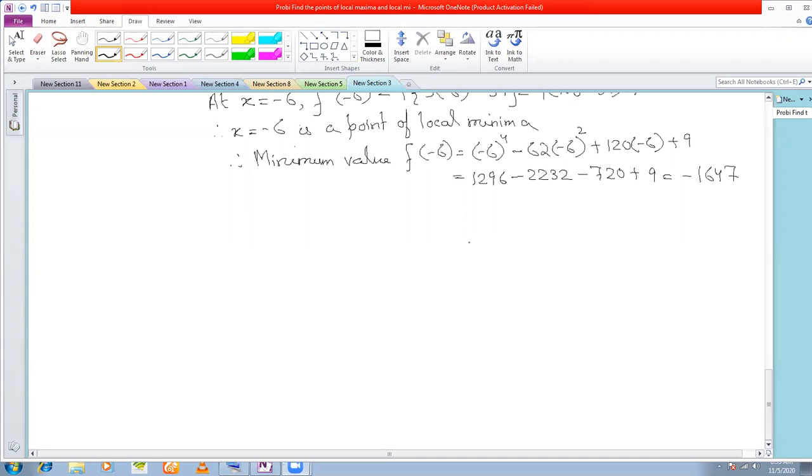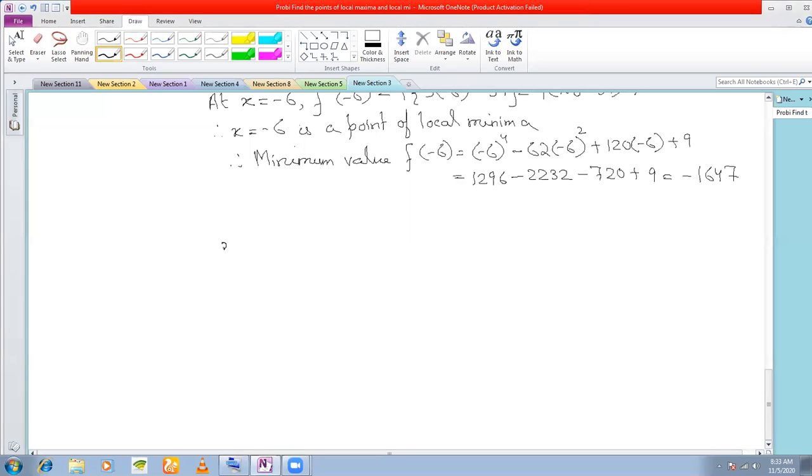Suppose you get local maxima at x is equal to 1, x is equal to minus 6, and x is equal to minus 5.